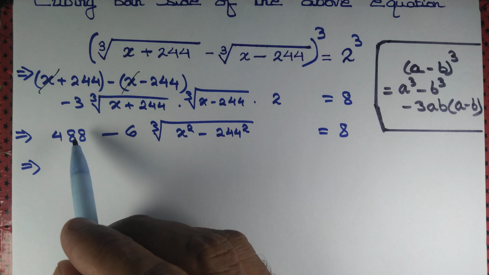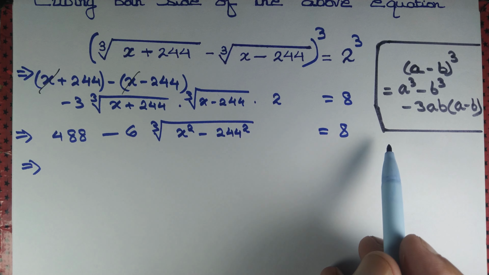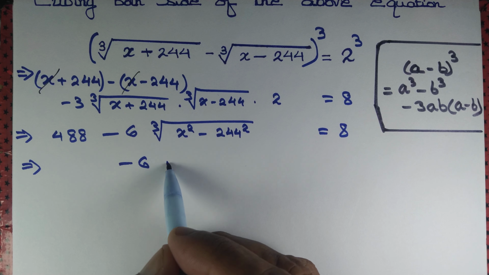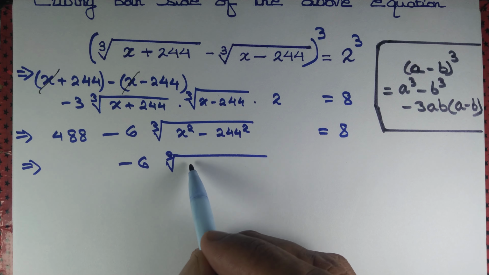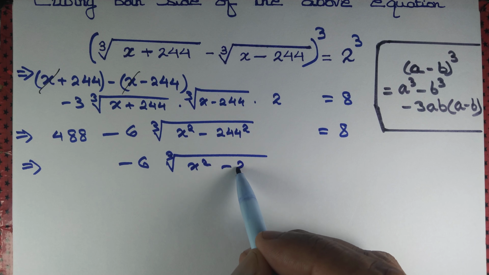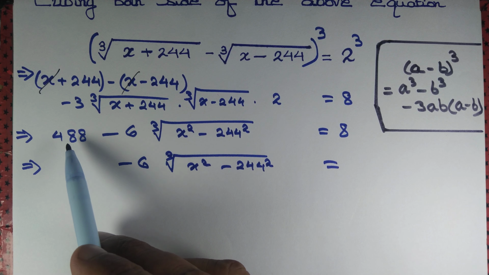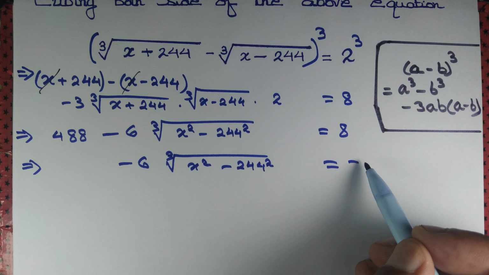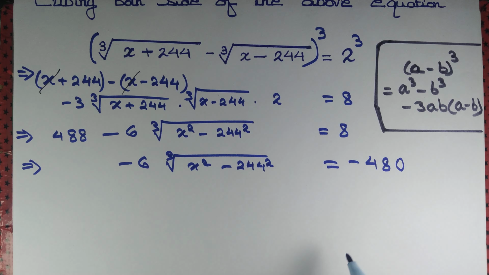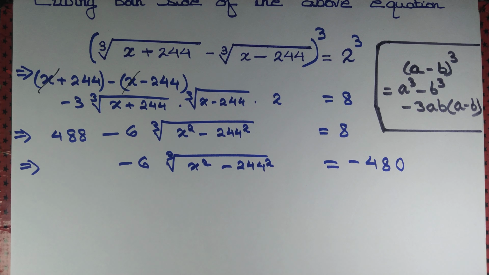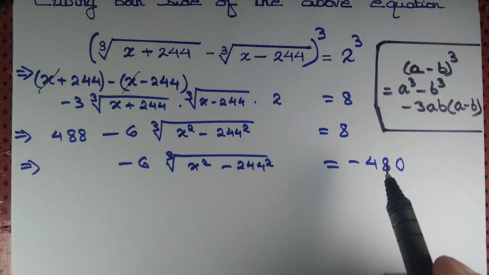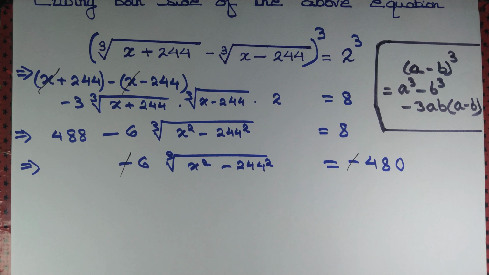Let's continue further. Let's take 488 to the right hand side. So minus 6 into cube root of x square minus 244 square equal to 8 minus 488, that is minus 480. Oh, we can cancel negative out. Minus minus gets cancelled.